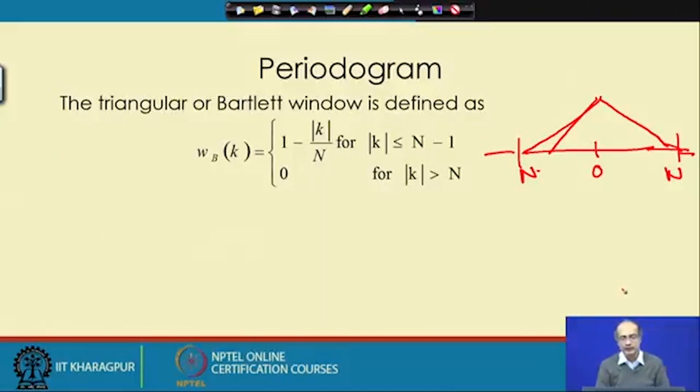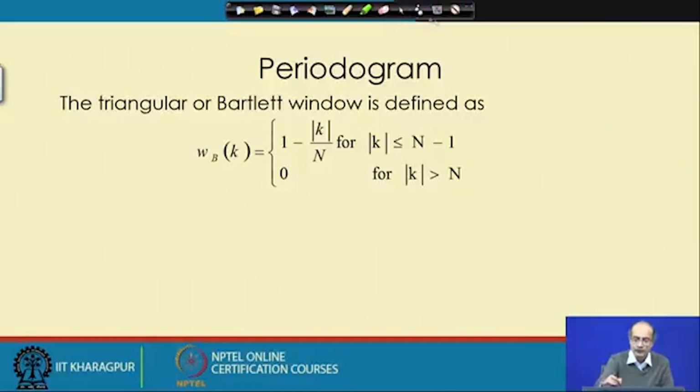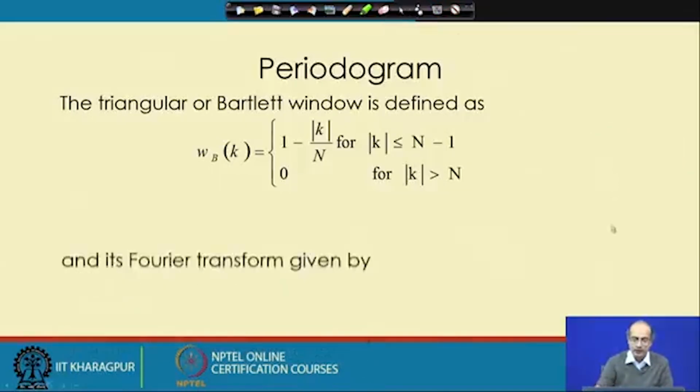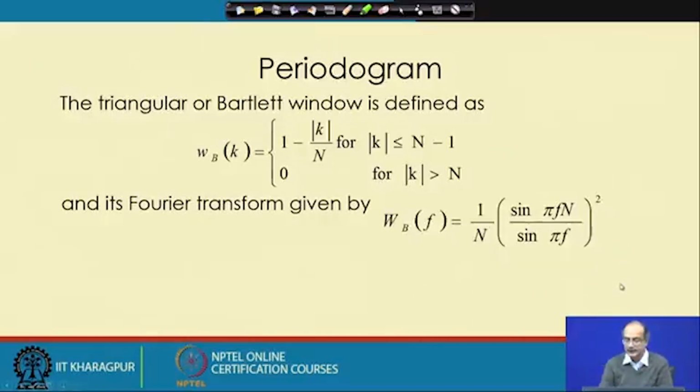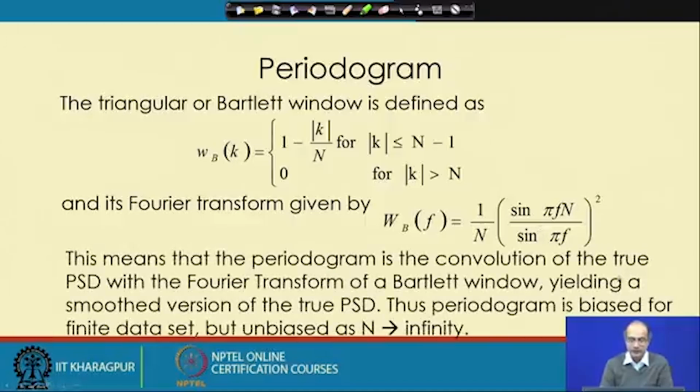So, it is a triangular window, and the frequency transform of it comes in the form of a sinc function, which would be centered at 0.